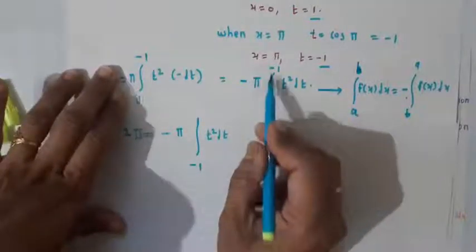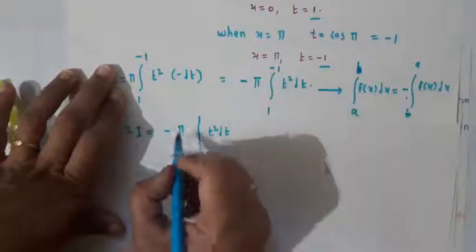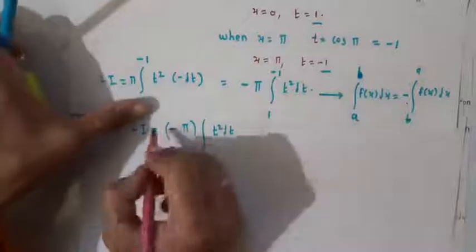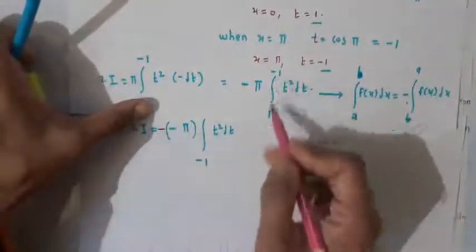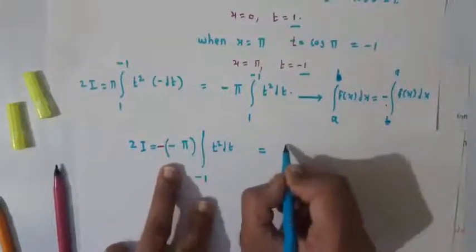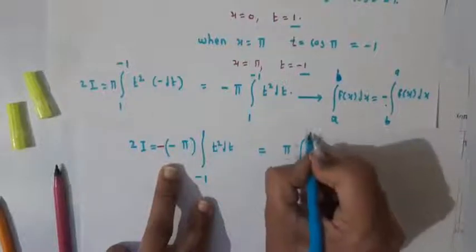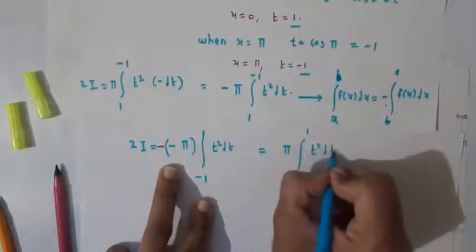Now we interchange the limits, and that's why the sign of integration again changes. Okay, and that changes to negative sign because we have interchanged the limits of integration. Okay, and now this minus becomes plus, and therefore pi minus 1 to 1 t square with respect to t.